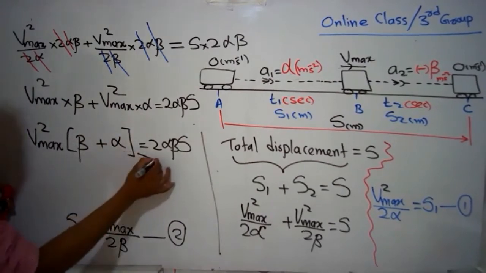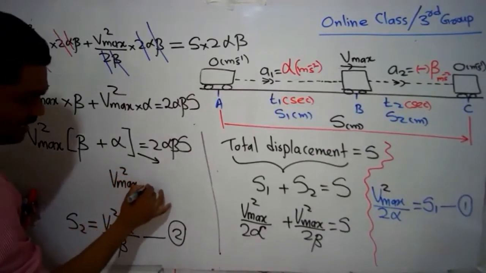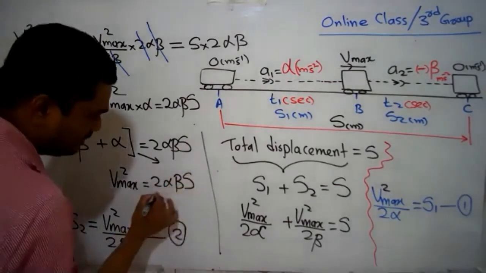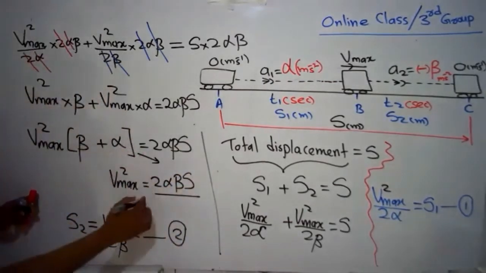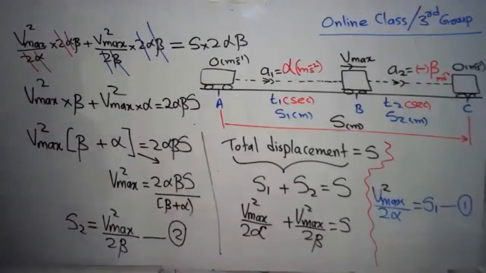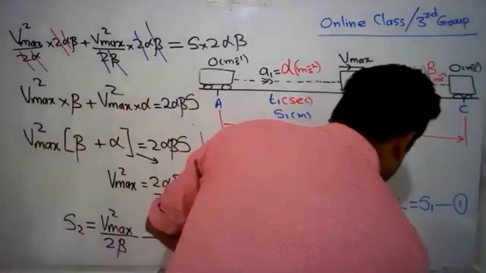So I'll take this to this side, then I'll get V max square equals 2 alpha beta S divided by, this part comes here, beta plus alpha. I'll write it here.